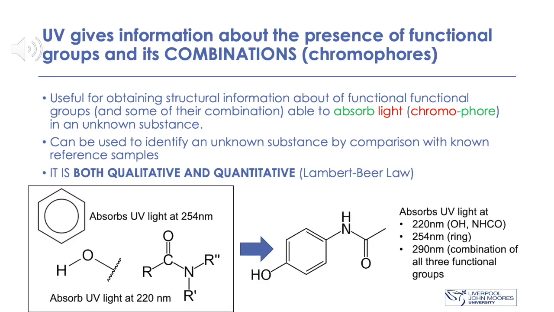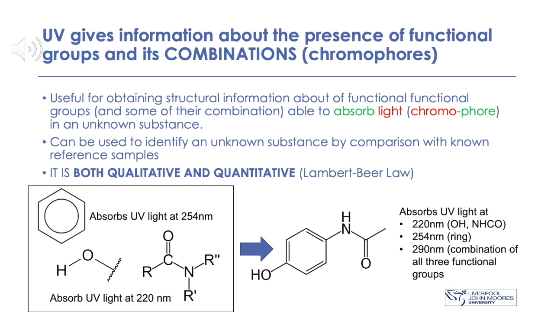Ultraviolet also gives information about the presence of functional groups, but also about their combination, as long as they are able to absorb light, ultraviolet light, and that's why we call these groups chromophores, which means in Greek absorbing light or carrying light.